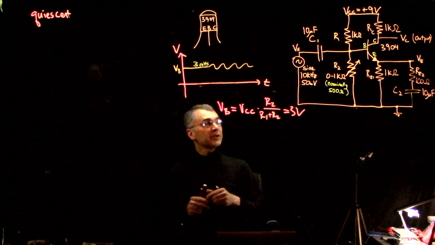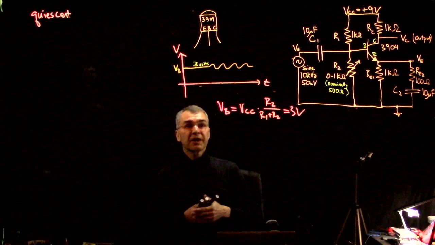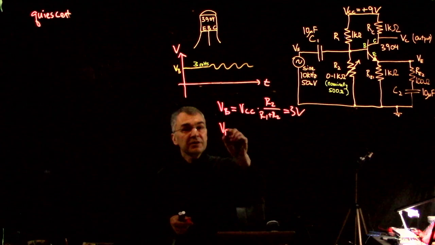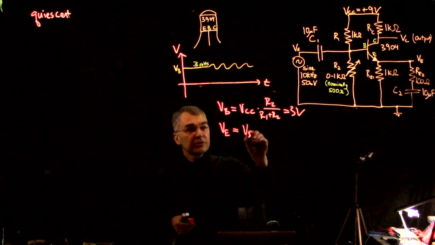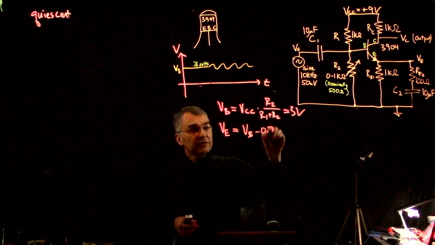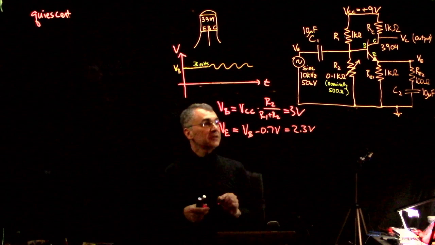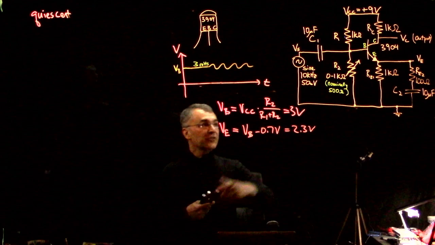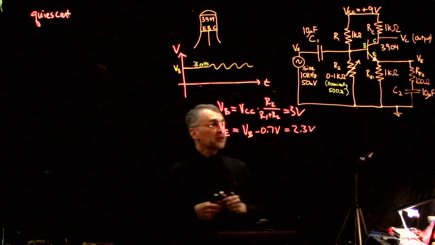Then we always start out assuming the transistor is active until we derive a contradiction. So the emitter voltage is just the base voltage minus our diode drop, so that's about 2.3 volts. And now for DC, this impedance is infinite, so we only need to look at RE1.